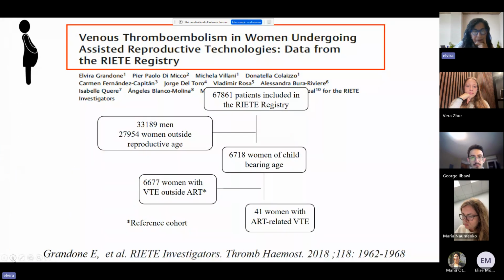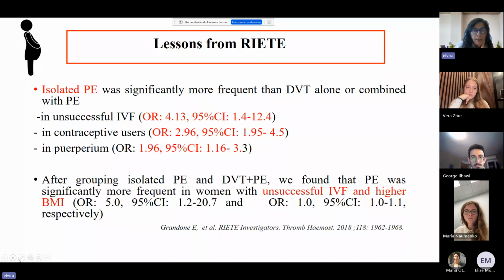And this data, obtained in women with reproductive potential included in the RIETE registry, show that we are very scared about thromboembolic complications in these women, in that most of our patients with a VTE during an ART cycle show an isolated pulmonary embolism, or if you like, isolated pulmonary thrombosis, compared to women with VT during contraception or women who develop VT during the postpartum period.